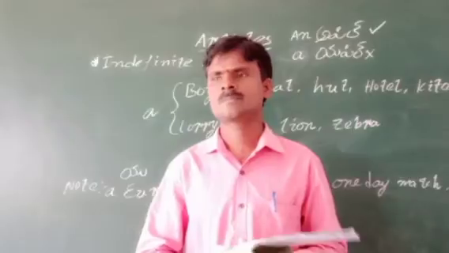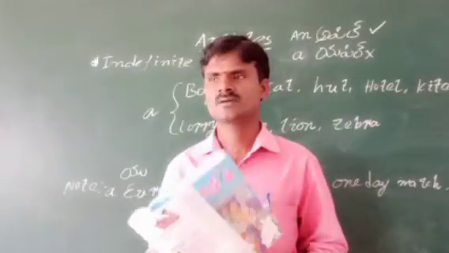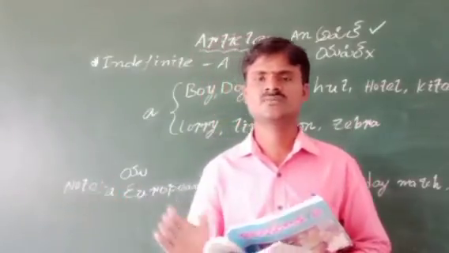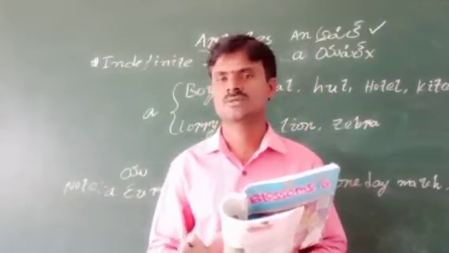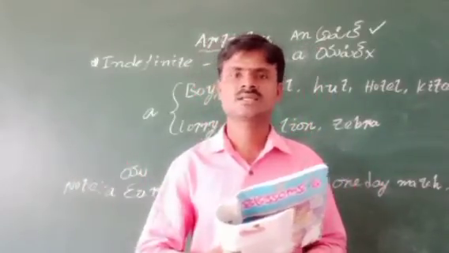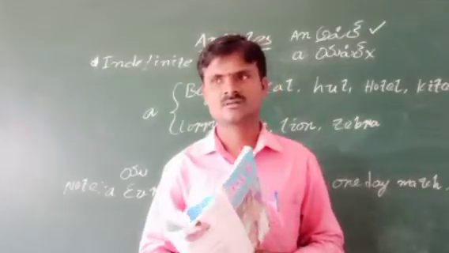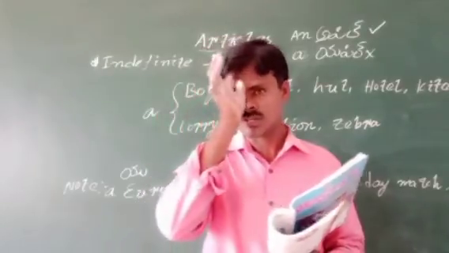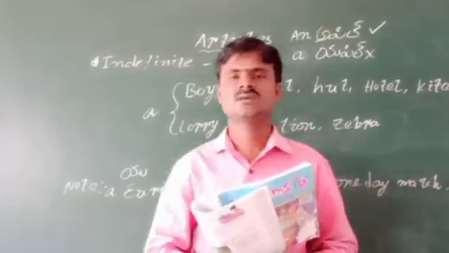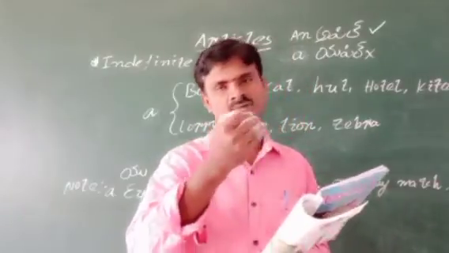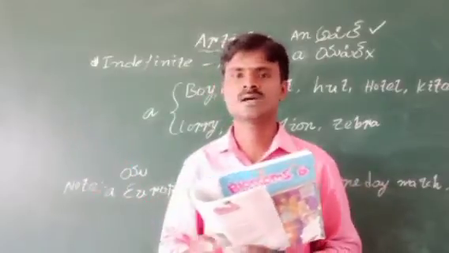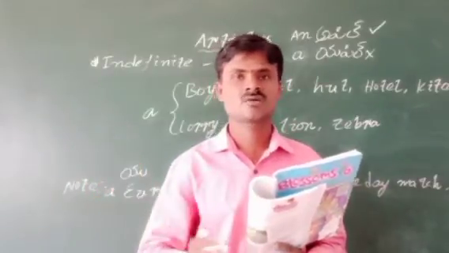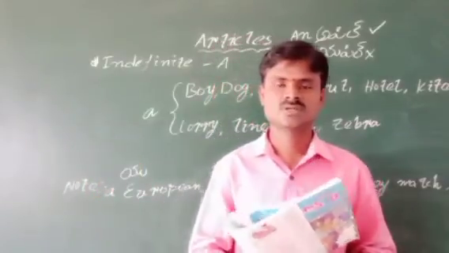For example, two persons are coming, one from Vizianagaram and one from Srikakulam, to our school. Suppose their names are the same, John. The man coming from Vizianagaram is also John, and the man coming from Srikakulam is also John.